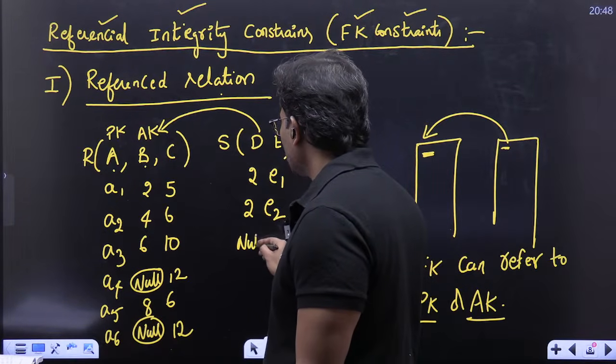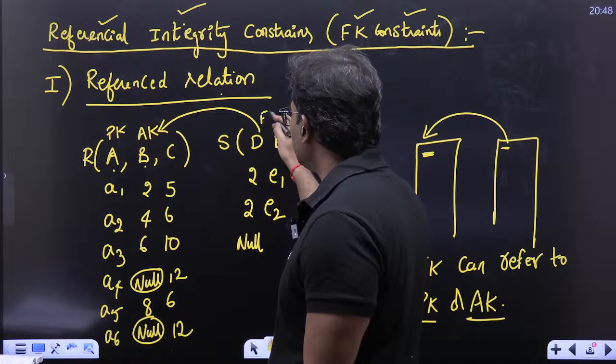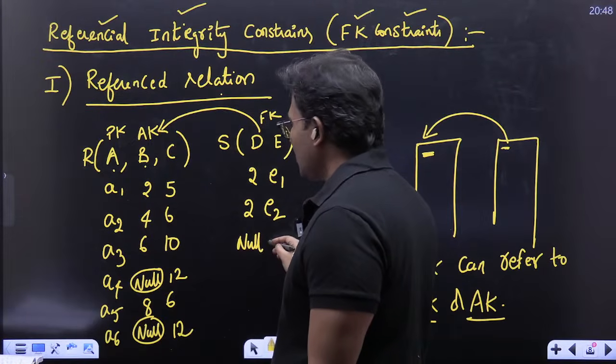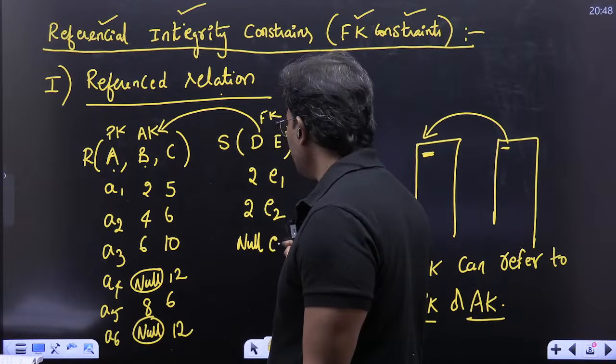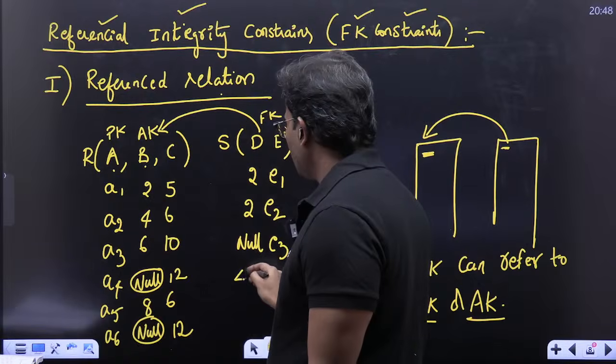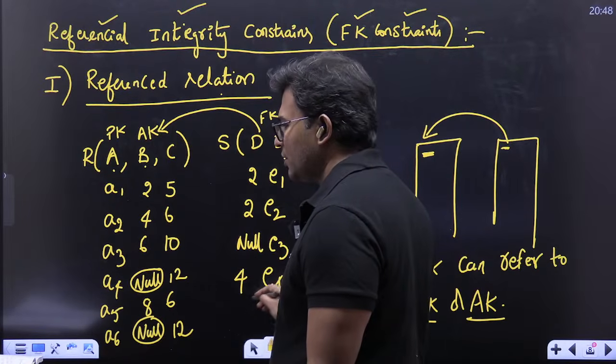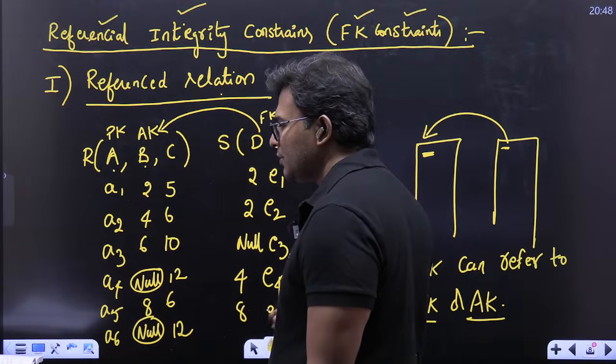Null is allowed, right? This is the foreign key. D is the foreign key. Okay. Null is allowed. E3 and then 4 E4 is allowed and then 8 E5 is allowed.